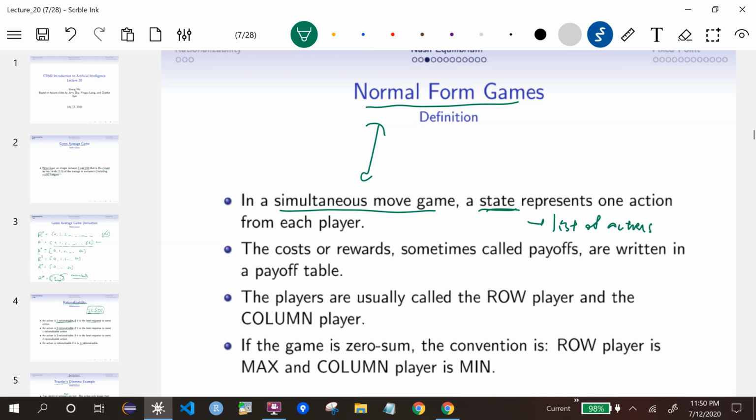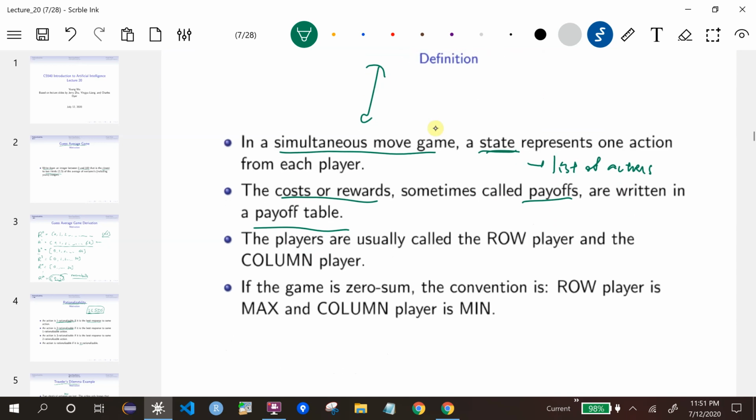And so it's slightly different from the sequential game situation. And the costs and rewards are exactly the same. So most of the time, we just call them payoffs, and they are written in a table. If you have two players, you're writing them in a table. If you have more than two players, you're writing them in an array.